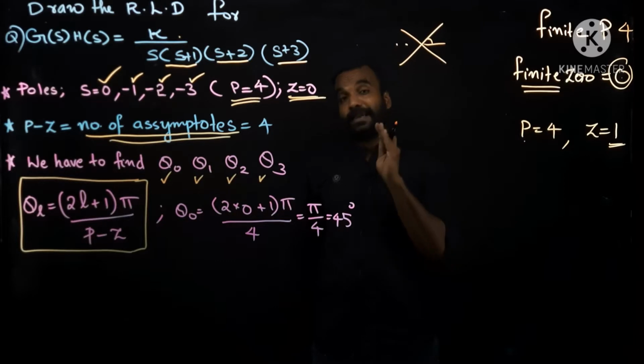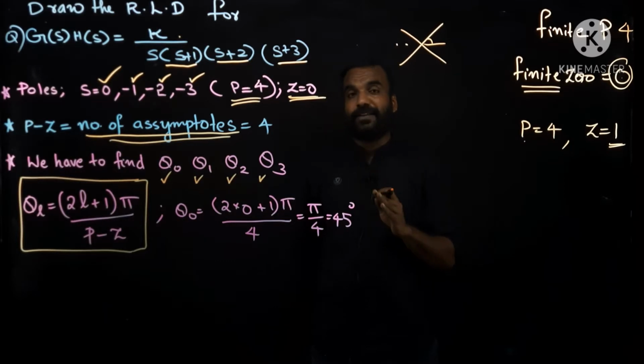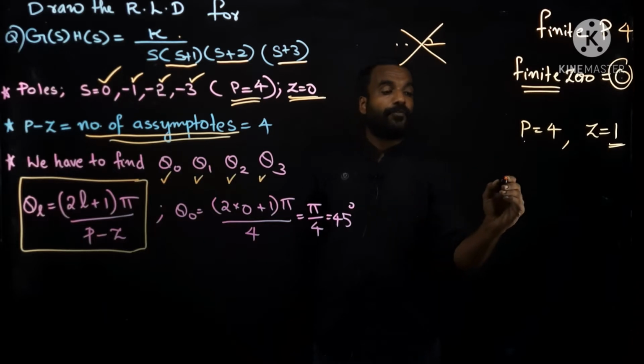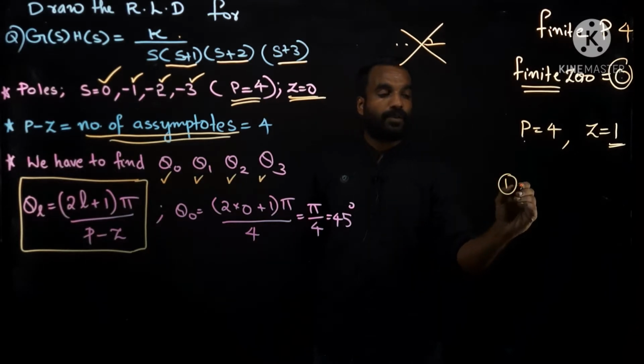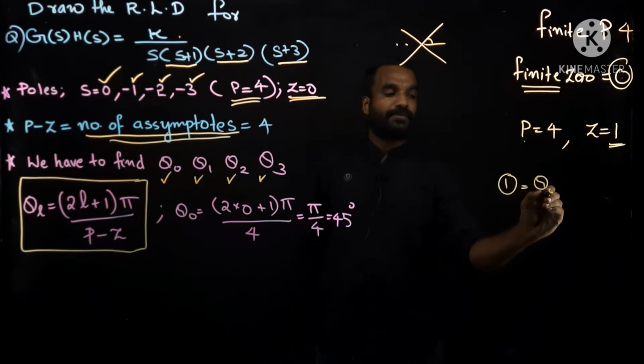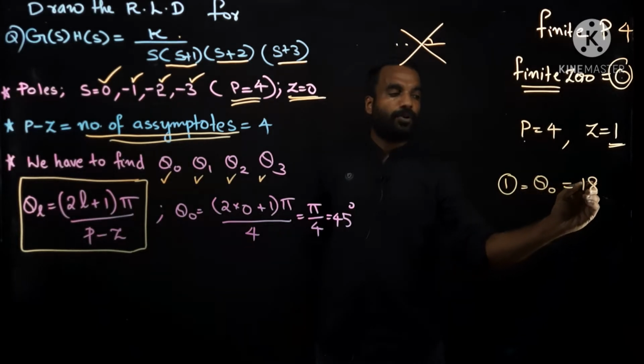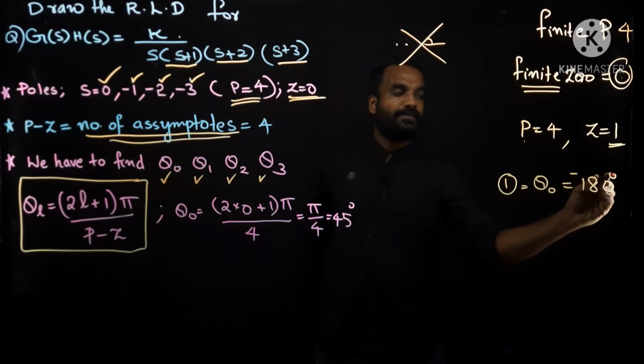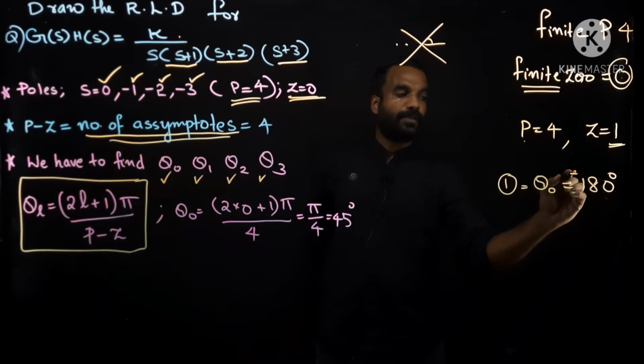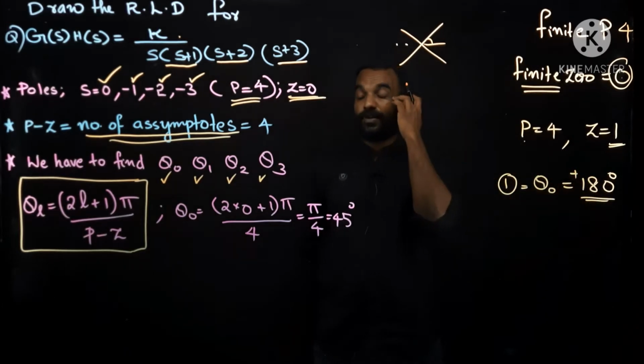Now I will tell an easy method for finding the angle of asymptote. If we have only one asymptote, its name is theta 0 and that angle will always be 180 degrees.